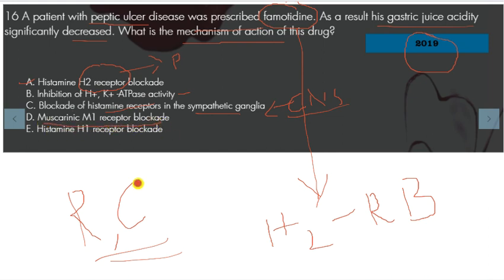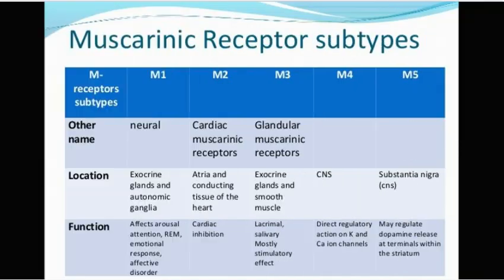Muscarinic M1 receptor blockade. So we need to understand where muscarinic receptors are located. We have 5 subtypes of muscarinic receptor. Mostly we need to study 3 subtypes: M1, M2, M3. M1 receptors are located in exocrine glands and autonomic ganglia.